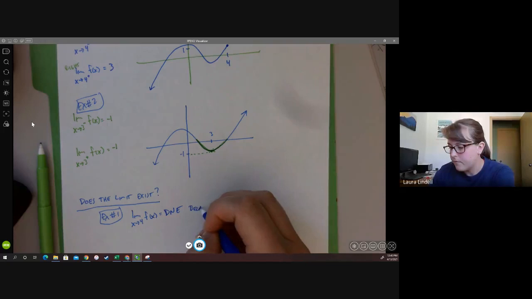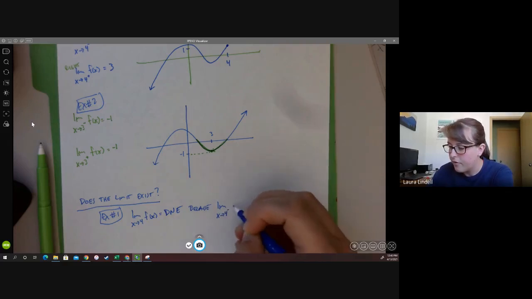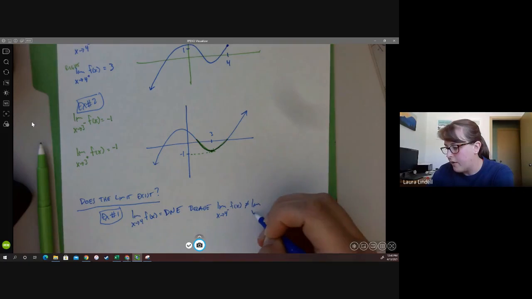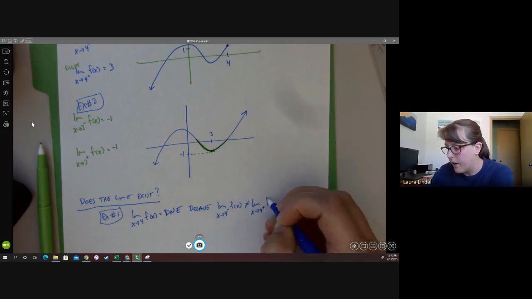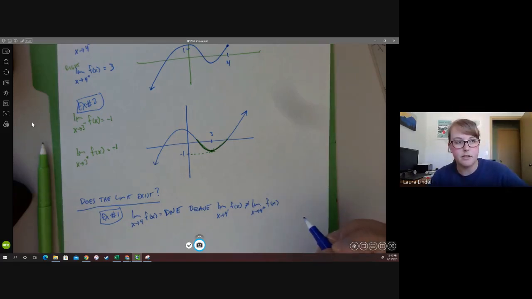because the limit as x goes to 4 from the left is not equal to the limit as x goes to 4 from the right. So if your left and right limits are not the same, then your limit doesn't exist.